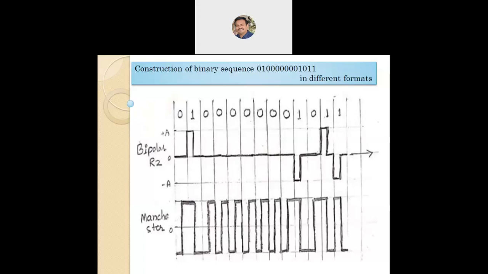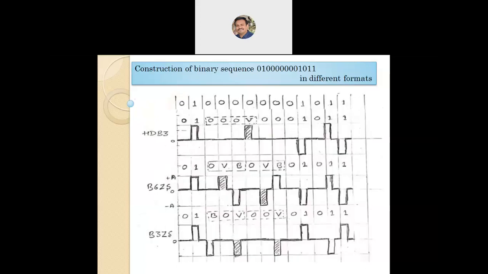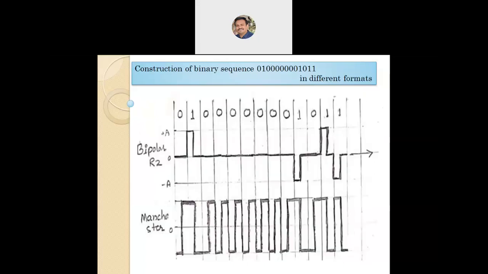As we know, we have bipolar RZ, Manchester, HDB3, B6ZS and B3ZS. So we are going to create signals for the given binary sequence using these 5 formats.